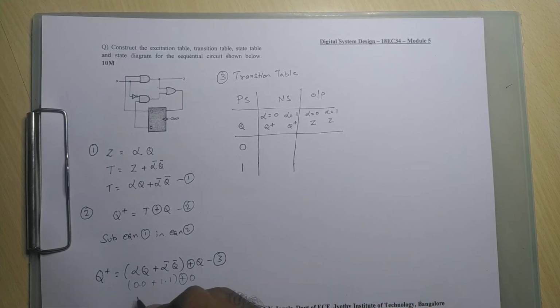Now 0 into 0 is 0 plus 1 XOR 0. 1 XOR 0 should give you 1.